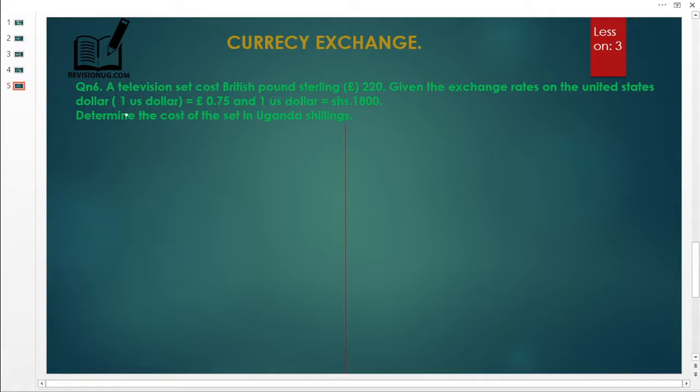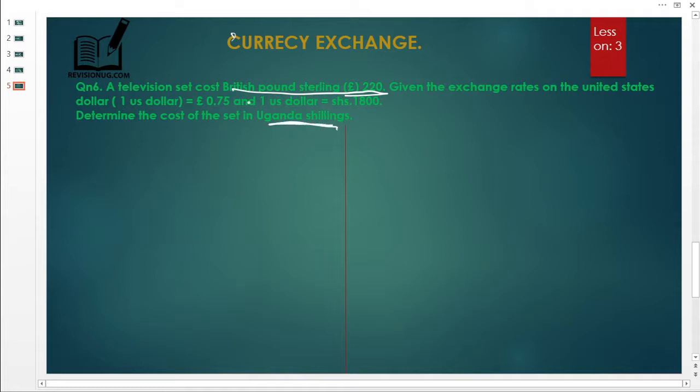They are telling us to determine the cost of the set in Ugandan shillings, meaning that here it was bought in pound sterling, so we have to change the pounds to Ugandan shillings, the Ugandan currency.